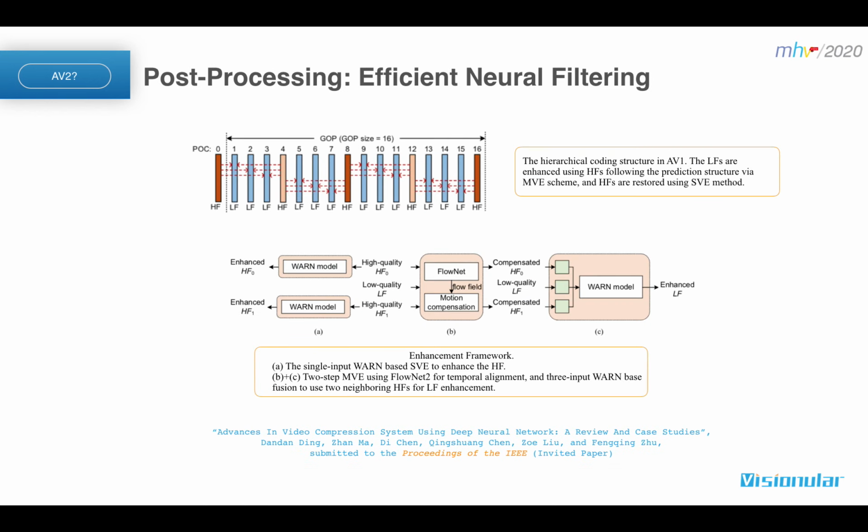Another one shows that machine learning can be leveraged at the post-processing stage. After decoding, because of the use of GOP structure, there are always some quality variations across different frames. Machine learning can help borrow the good quality from those high quality frames and enhance those relatively low quality frames.